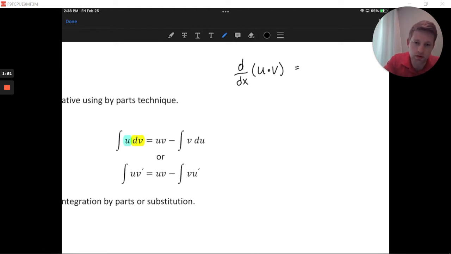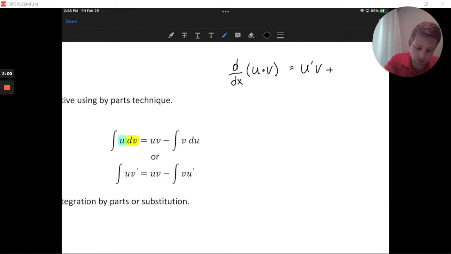It's equal to the first function's derivative u prime times v added to u v prime. So that's our product rule of two functions using those two variables u and v.